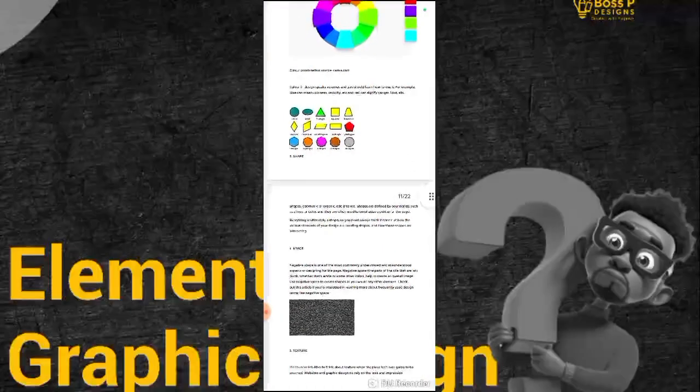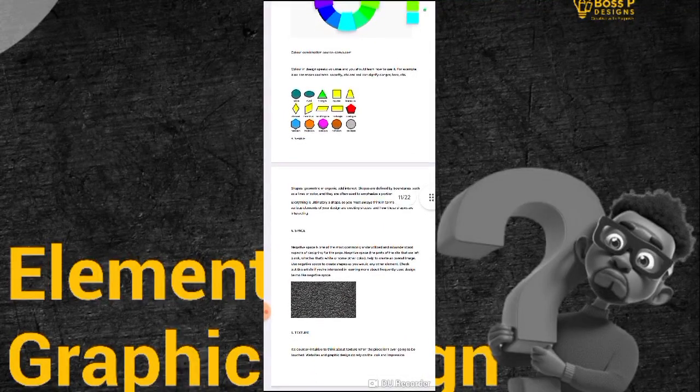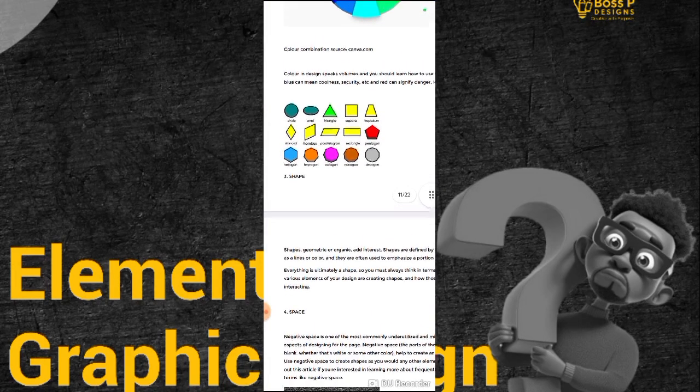Now as you can see from here, they also talk about shapes. You can see the different types of shapes we have here. Most designers use shapes in designing as well, especially this square, this rectangle and square shape.